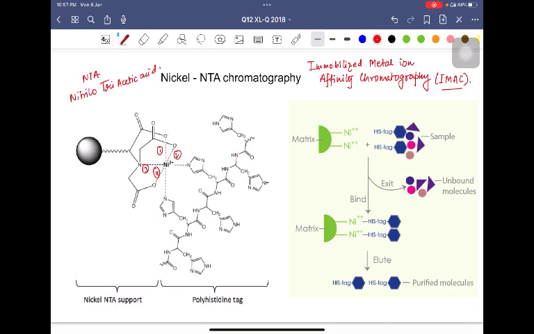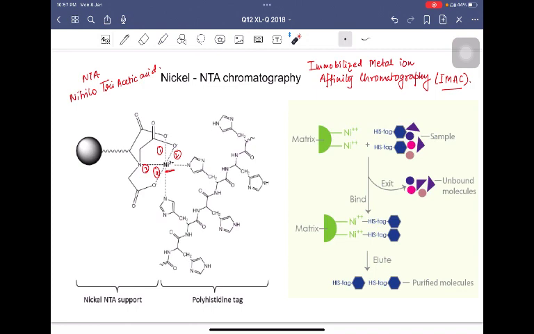This nickel atom can form coordinate bonds with the imidazole ring present in the amino acid histidine. So in this kind of chromatographic setup, we are depending on the affinity of the nickel atom with the imidazole ring.